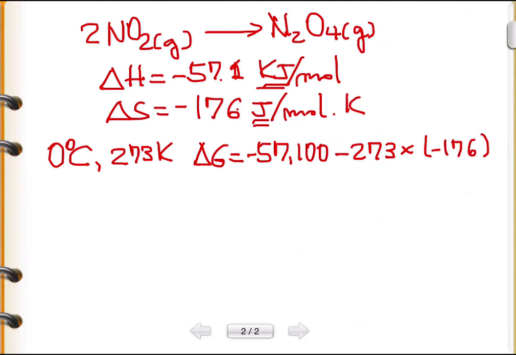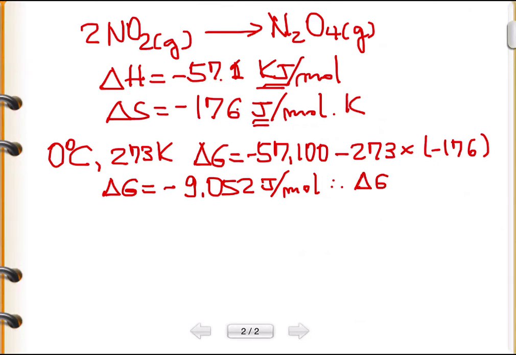All right, so if you calculate all this, let me use the calculator. So I got here negative 9,052 joules per mole, or approximately minus 9 kilojoules per mole.